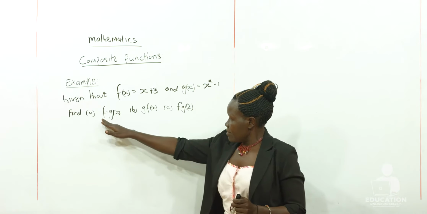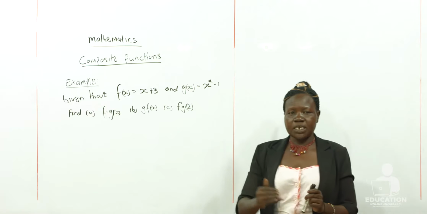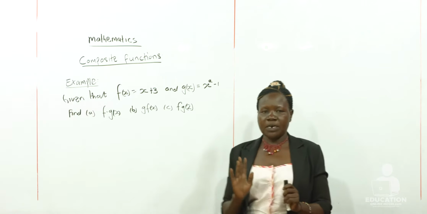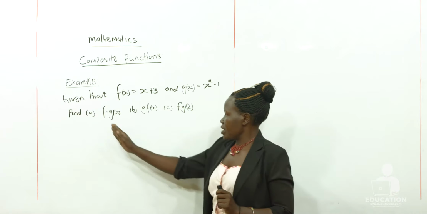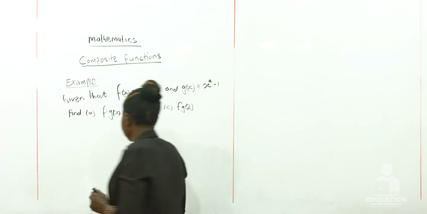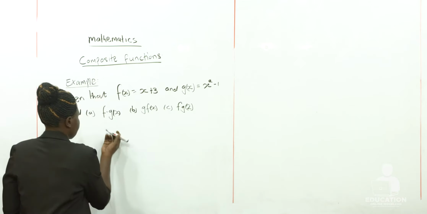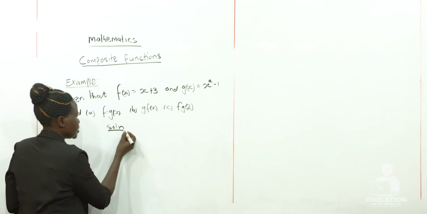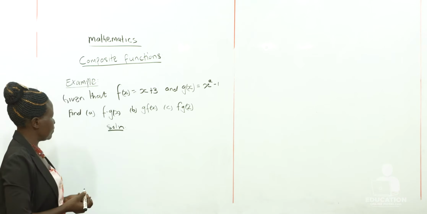You must follow the order for you to maintain the relation between the functions. So you follow the order: who comes first, who comes second, or who comes next. So let us look at how we get the solutions of this kind of equation, f g.